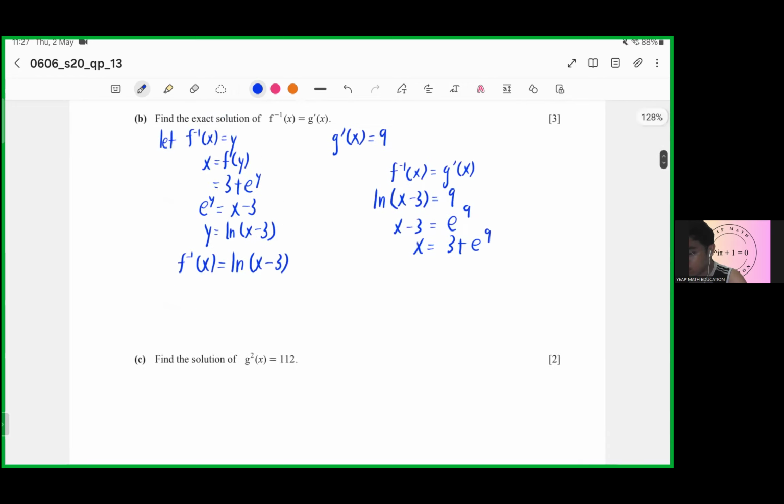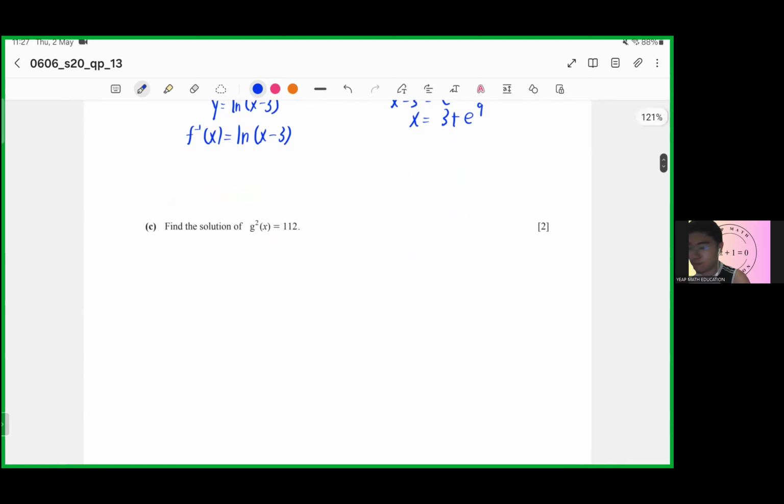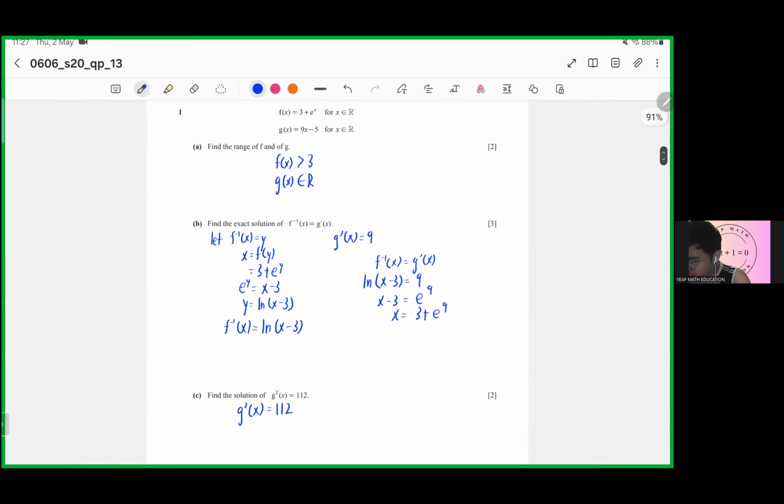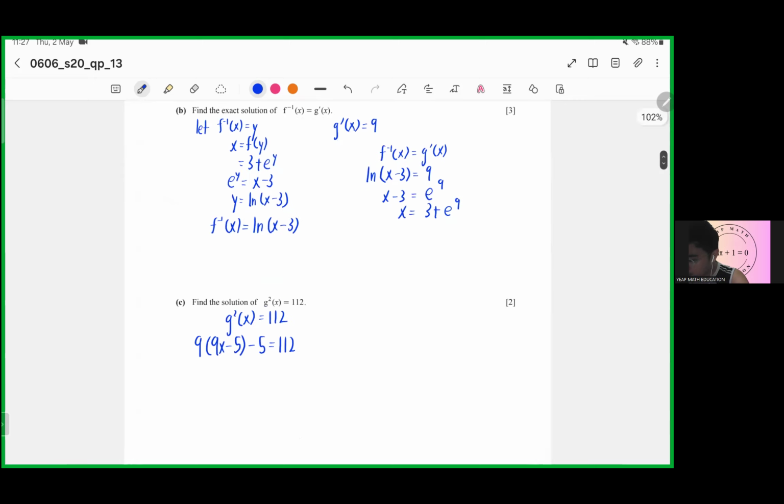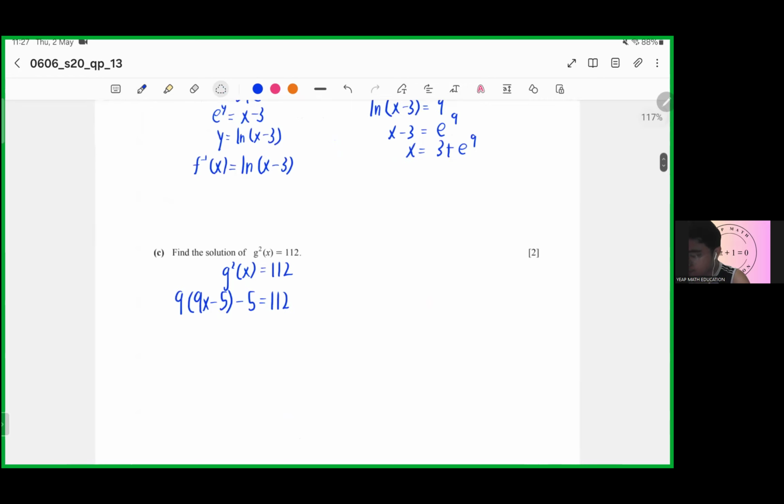Now we look at question C. Find the solution of, this is related to composite functions, equals 112. We just need to substitute the g(x) function again.